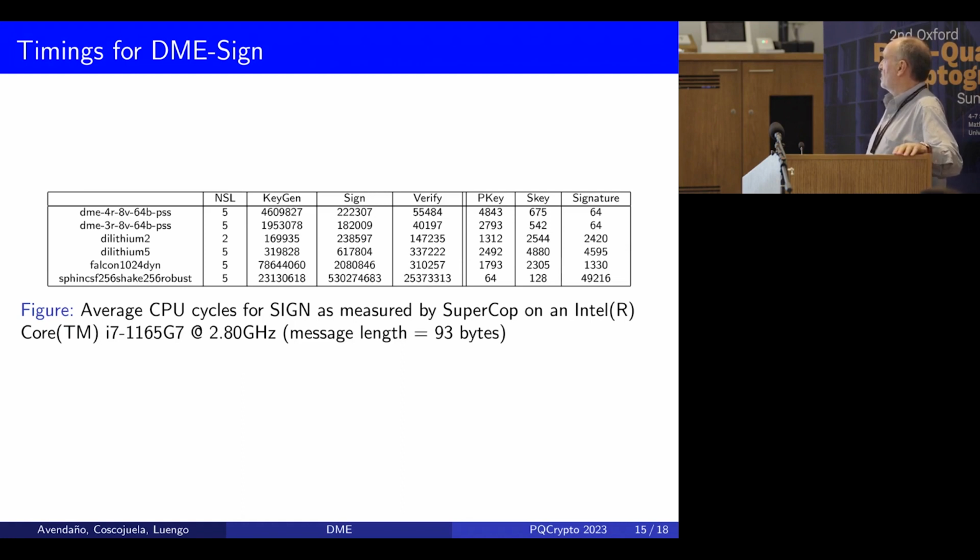The time is given in microseconds, and it's really very fast. Also, for this version, the public key is really very small.